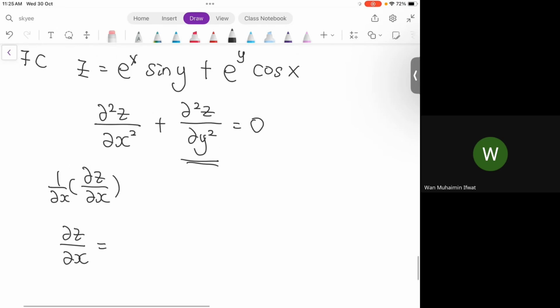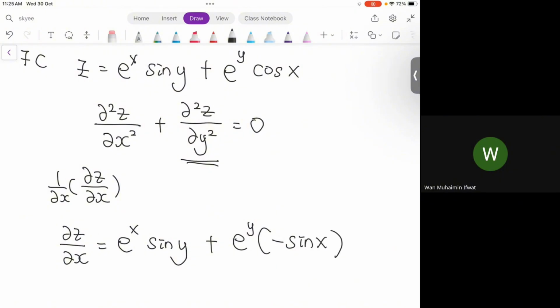Del z del x: look at the first term. The exponent term will stay, sine also will stay, because it is a constant. For the cos x, the e to the y will stay, and this becomes negative sine x.